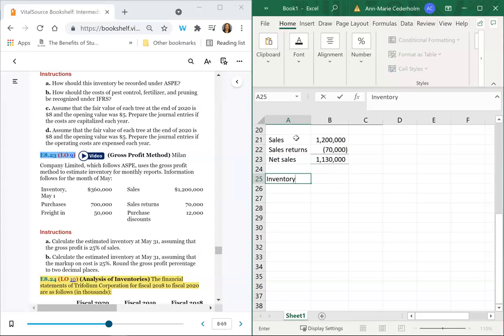Let's remember that when we calculate this, we can look at our beginning inventory, then add in our purchases, add in our freight charges if we have to pay for them, subtract out our purchase discounts, and also purchase allowances if there are any, and then subtract our ending inventory.